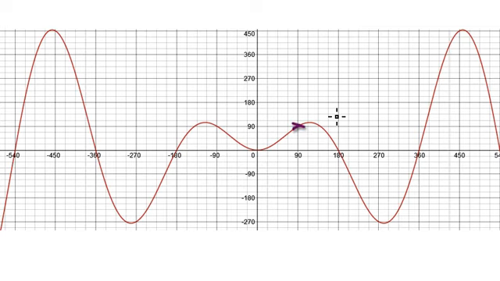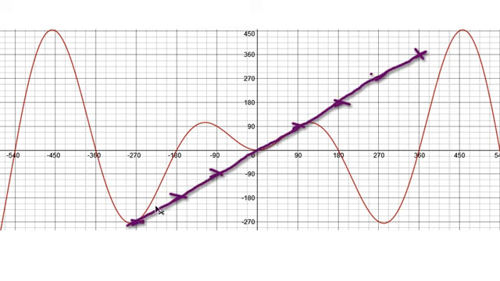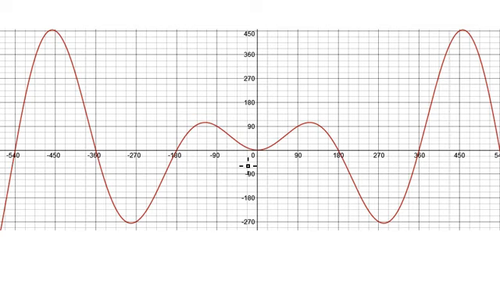Well, anyway, now going into the negative realm. Remember, our y equals x graph will be a straight line going through the origin like this. Now, our normal sine of x, I'm just going to exaggerate the height here, will look something like this.